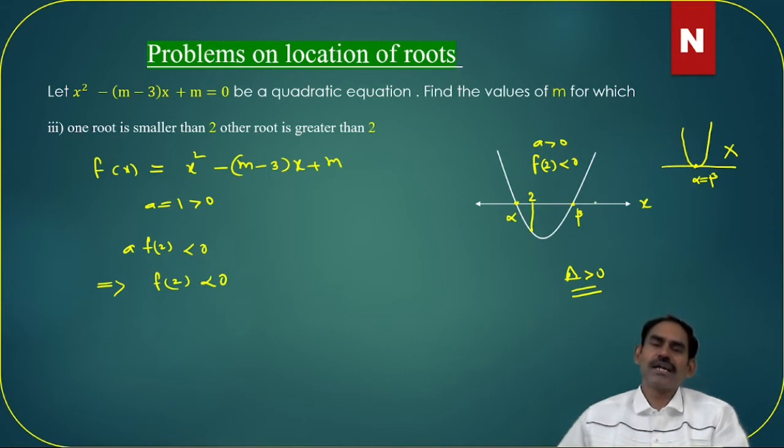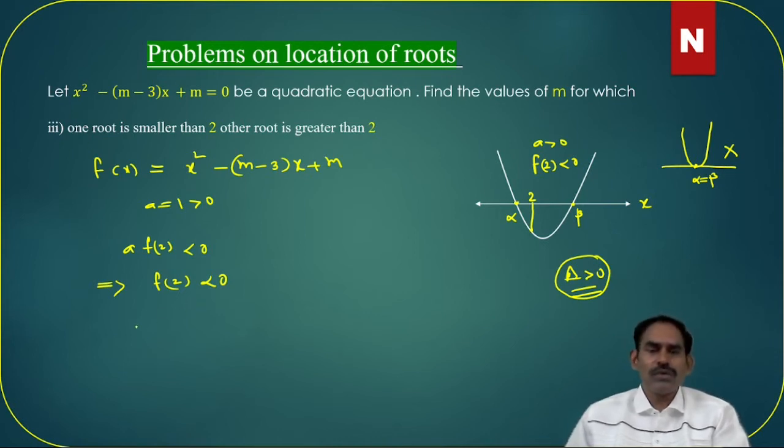That means the roots are distinct. Therefore, this condition is enough here. A into f of 2, a is positive, f of 2 is negative means the graph compulsorily meets the x-axis. A positive, open upward. F of 2 negative. That means the graph exactly meets the x-axis. That's why the discriminant is already greater than 0, and we need not take this condition. One condition is enough for this question.